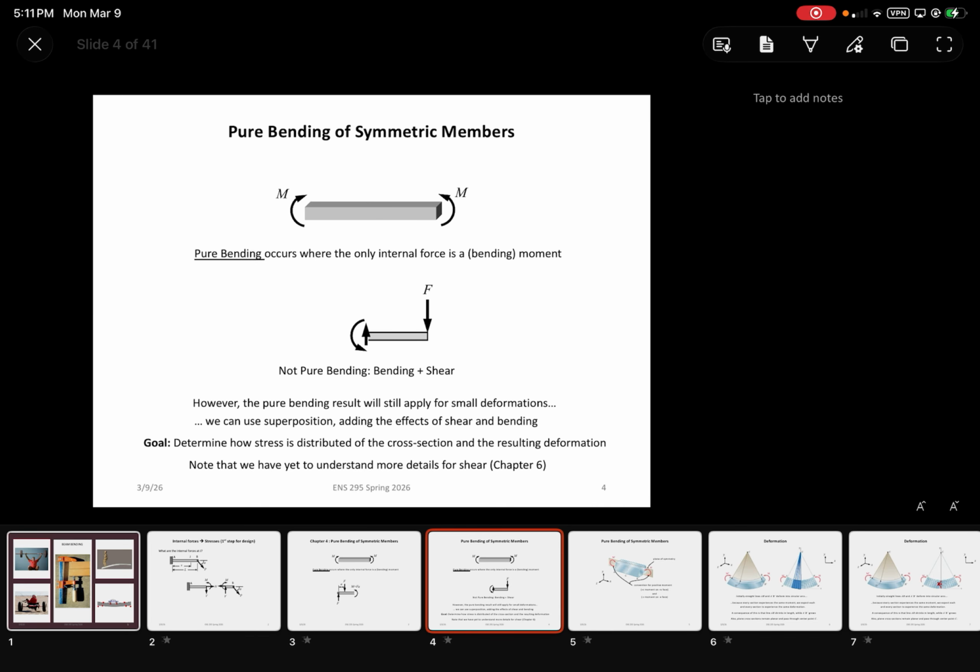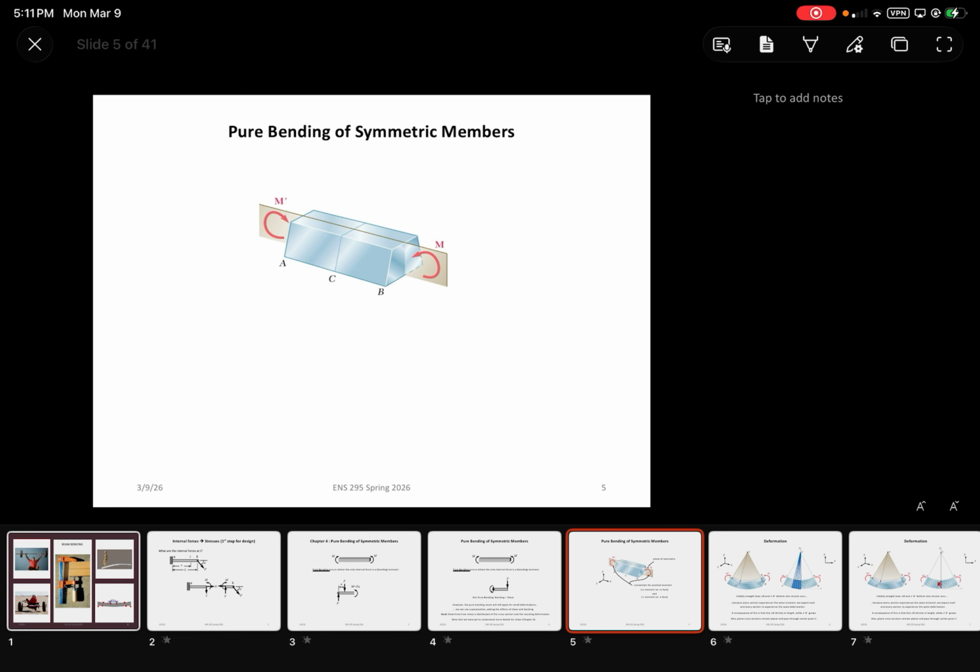But our main focus right now is to determine how the stresses are distributed throughout the cross-section of a beam, right? So let's consider the beam here subjected to two end moments. Now, when you have a beam, and let's say you apply some vertical force or you twist it, is the beam going to be in tension, compression?